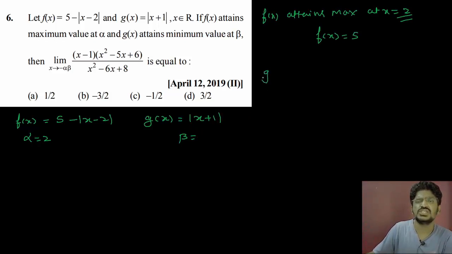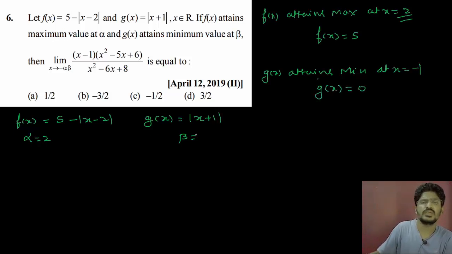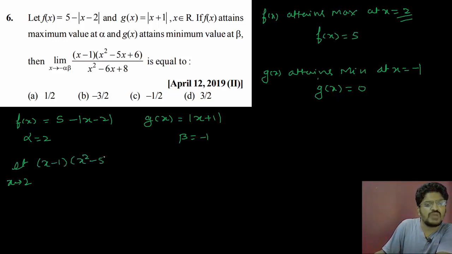So you can see g of x attains minimum at x equal to minus 1, because g of x becomes 0 there. Okay. So beta is minus 1. Clear? So now limit x tending to minus alpha into beta, which is nothing but 2. This will be (x minus 1)(x square minus 5x plus 6) divided by (x square minus 6x plus 8).